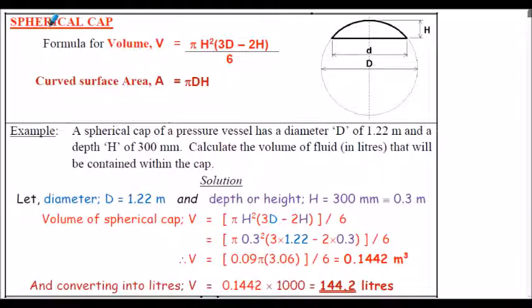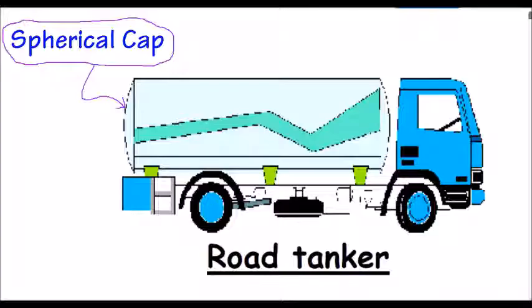Let's start by considering the spherical cap, diagrammatically shown here. But let's first consider a practical illustration of where a spherical cap is used. For example, considering this road tanker, often the storage area of the tanker has slightly domed ends, shown here, and these are essentially spherical caps.